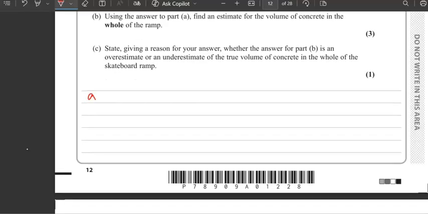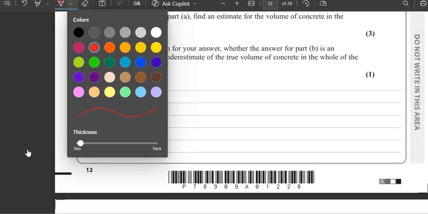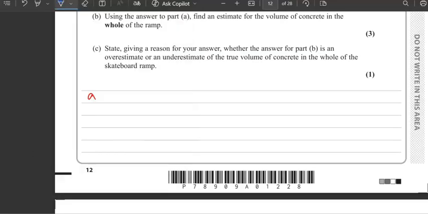So part A here, first we are required to determine the height, and your height in this case will be the difference between two consecutive terms. You can have 1.5 minus 0.9, and this gives 0.6.